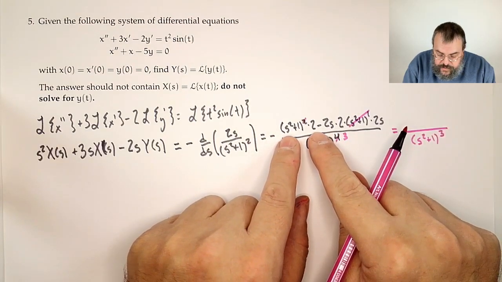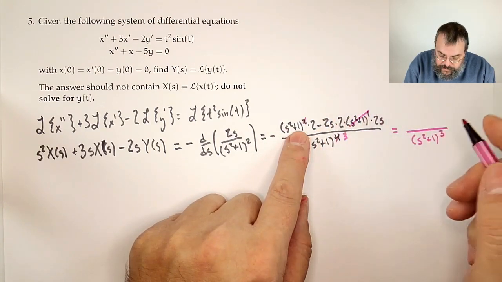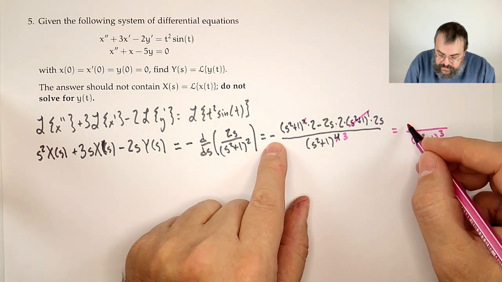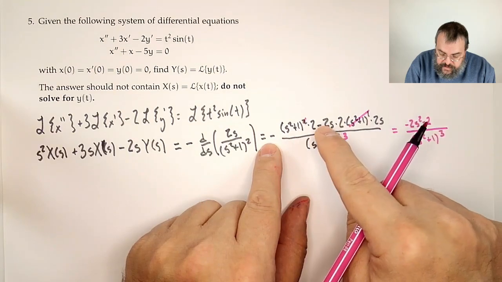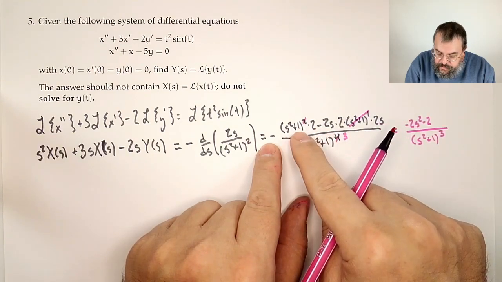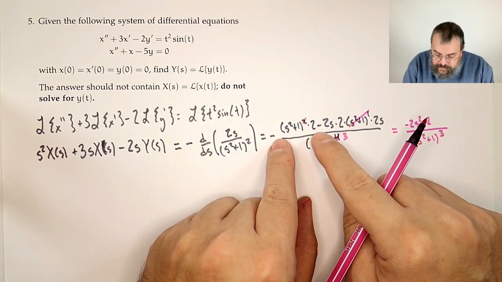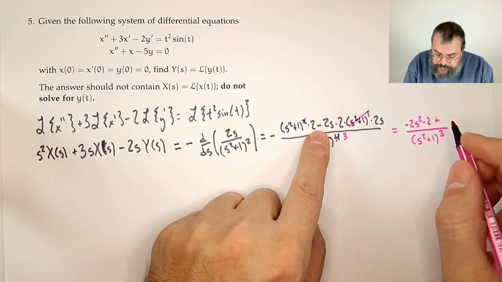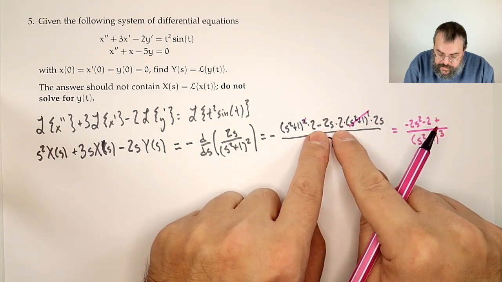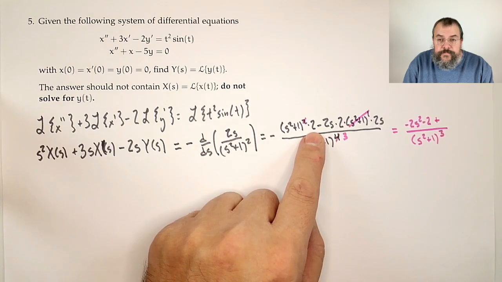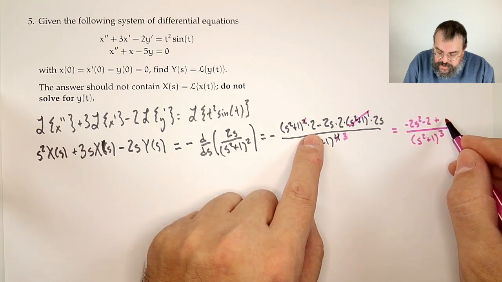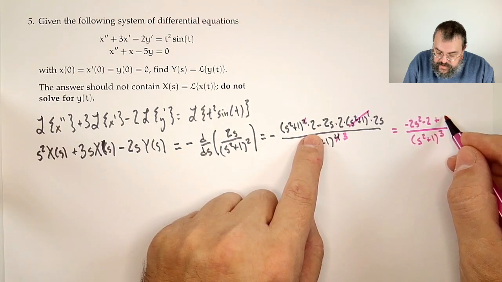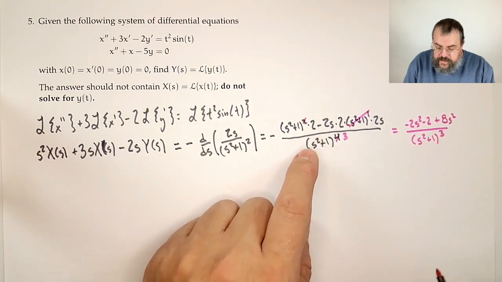Here we'd have 2s squared plus 2. Don't forget the minus, all right, as minus 2s squared minus 2. So minus 2s squared minus 2. Minus minus makes a plus. 2s times 2 times 2s, so that's 8. So that would get us to 8s squared.